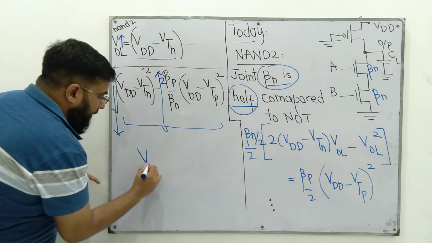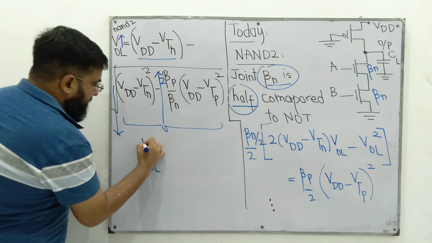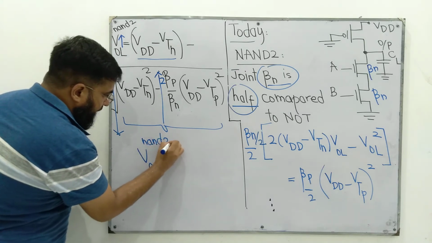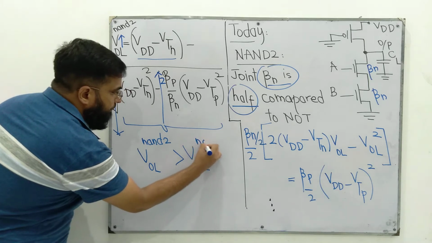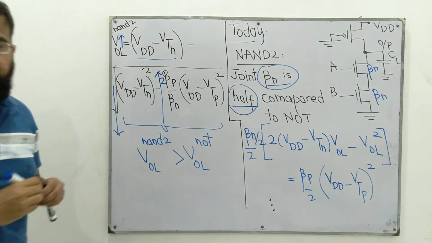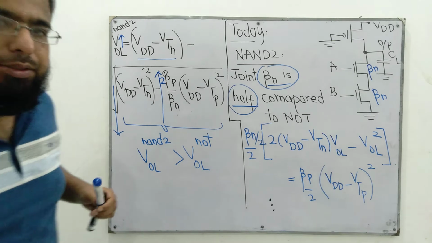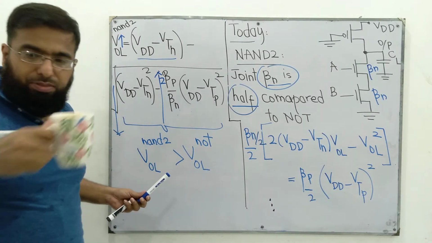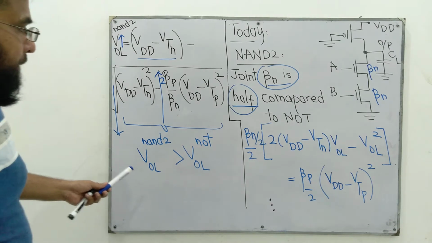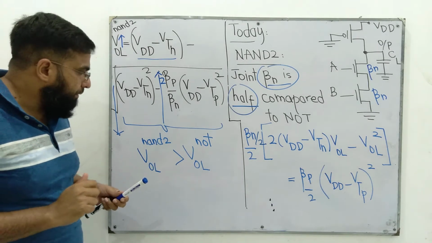So VOL in case of NAND 2 would be greater than the VOL that we achieved in case of a NOT. This means there is a disadvantage. Now we have an increased VOL compared to the VOL that we had in case of a NOT.